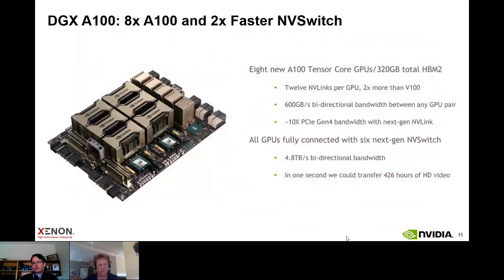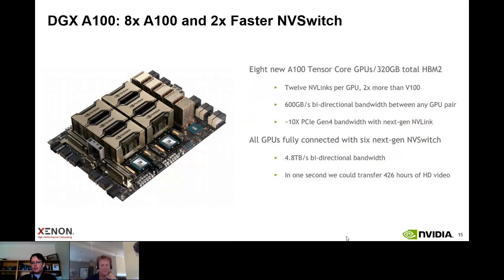So the revolutionary part, of course, are the A100 Tensor Core GPUs, which have 12 NVLinks per GPU. Again, that has doubled compared to the V100 and provides double the bandwidth. We have 600 gigabytes per second bidirectional bandwidth between every GPU pair, which becomes important for really large, tightly coupled models.